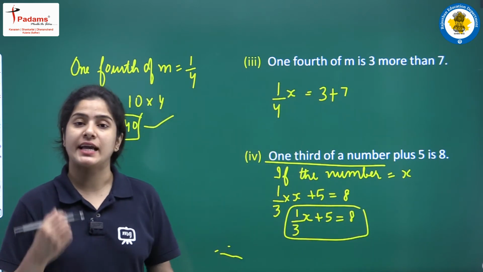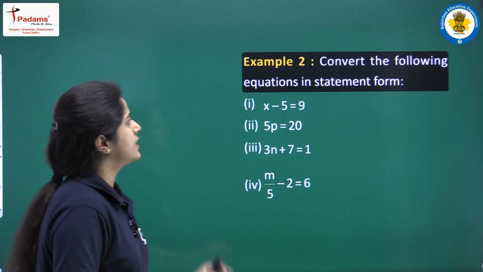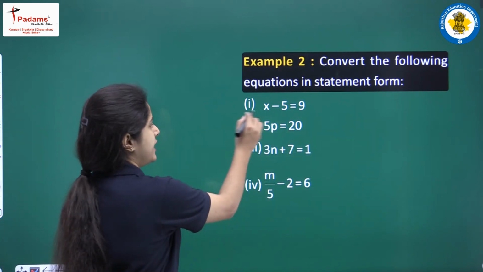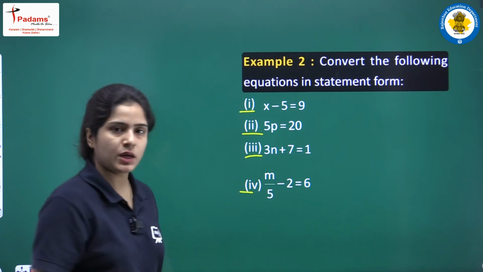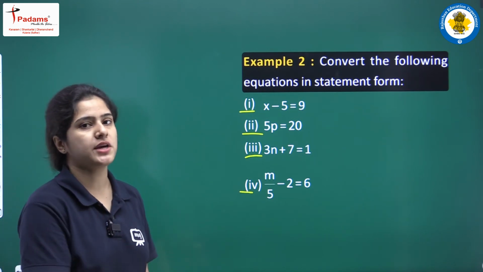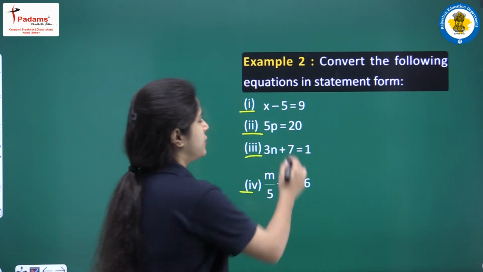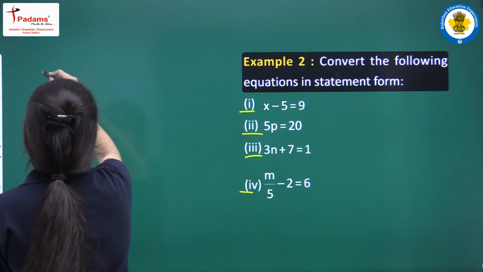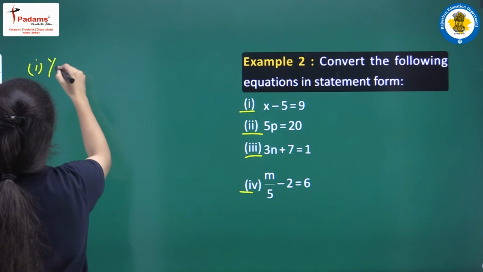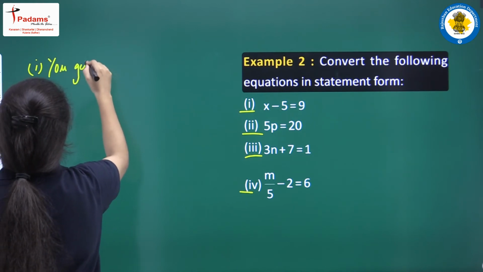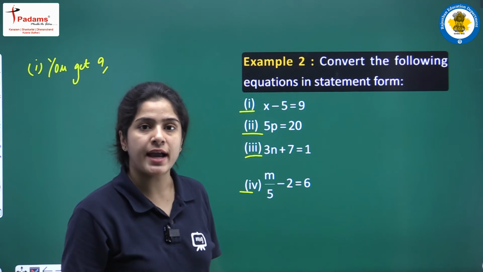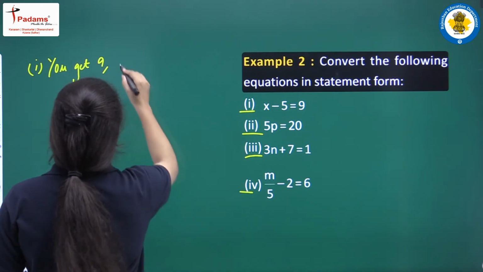Alright students, looking at another question: convert the following equations into statement form. Now you are given expressions and equations, and you have to write the equations in statement form. First, x minus 5 is equal to 9.